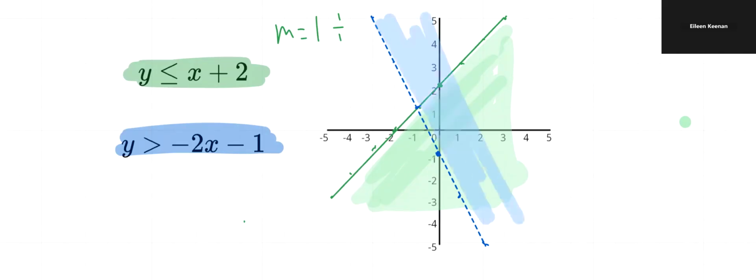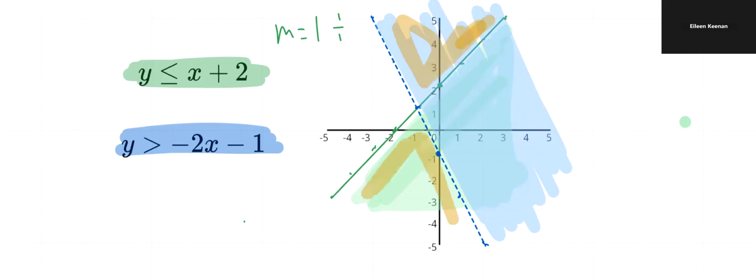So then we have shading for two colors, right? But we only want the shading for where it overlaps. So let me use a different color to show you what we don't want. Like right here where it's only blue and right here where it's only green, we don't want that.